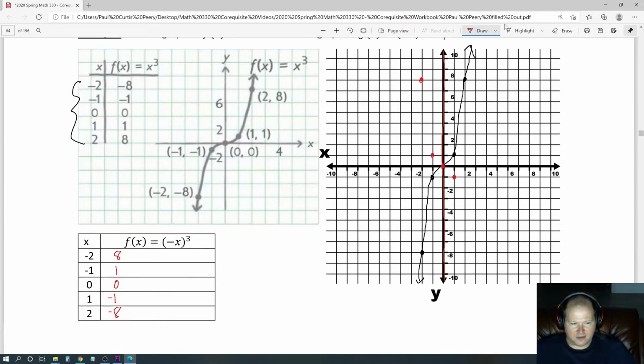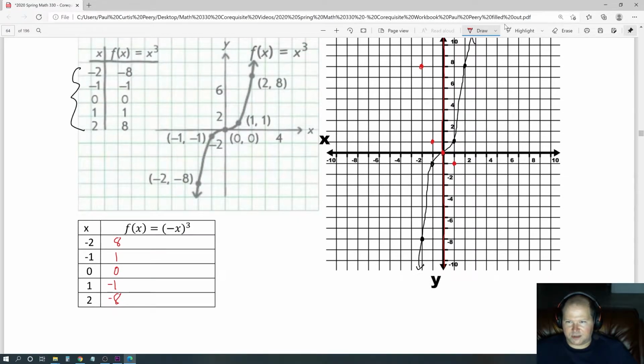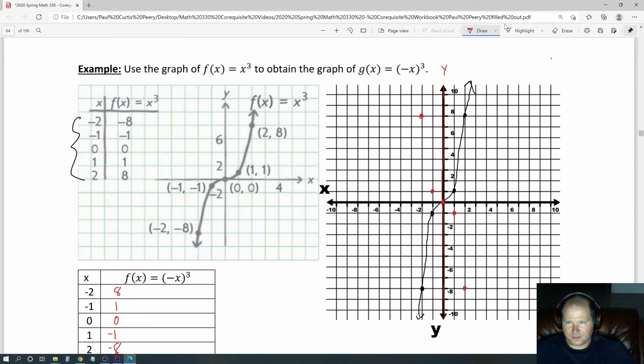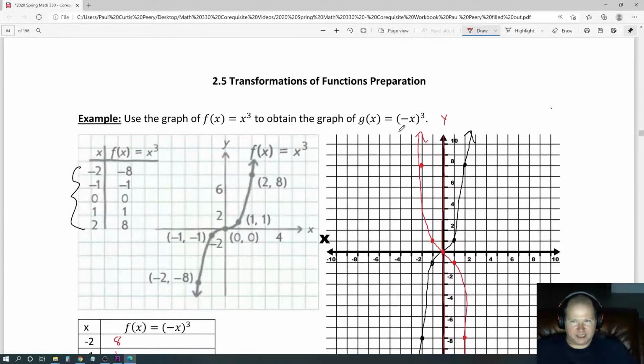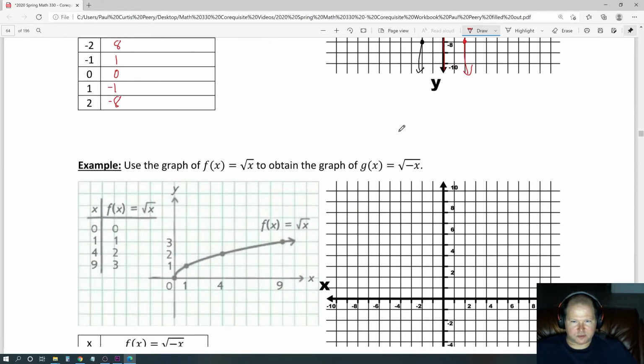But we also have +2, -8, which is way down here. And if we draw it roughly, it should look something like this, which, sure enough, looks like it was reflected across the y-axis. So, looks good. That's what we expected, right? And again, that's an odd one, so that one was reflected.